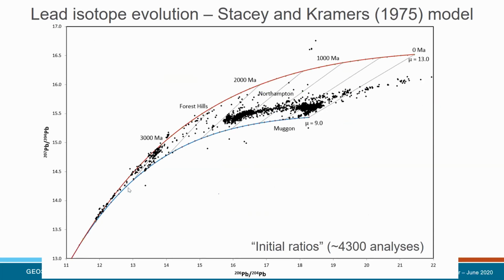Now, if we go and take out all the lead core samples and look at the initial ratios, we have about 4,300 analyses, but as you can see, the data becomes cleaner. Okay, so you can see the same trends.